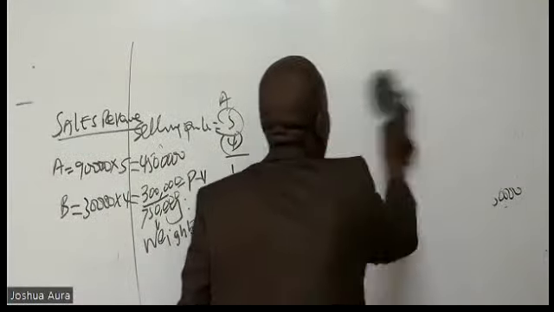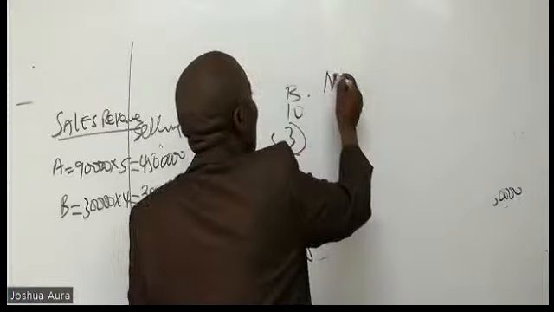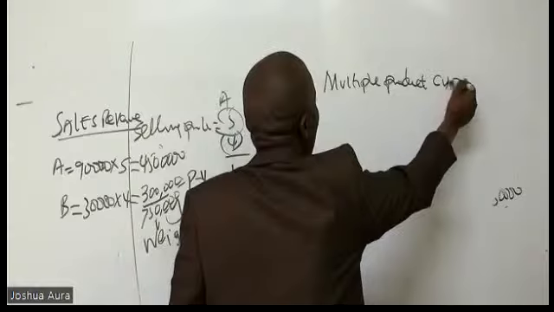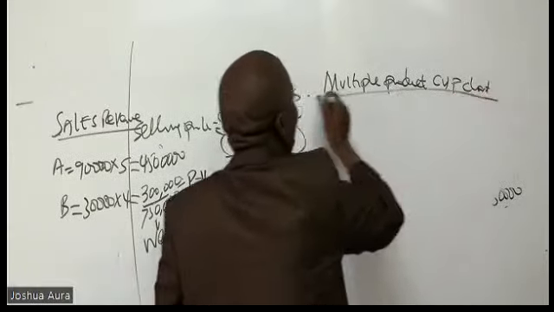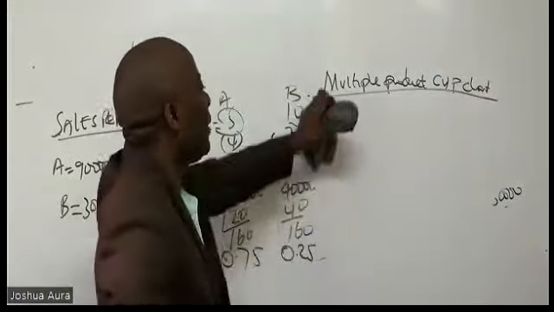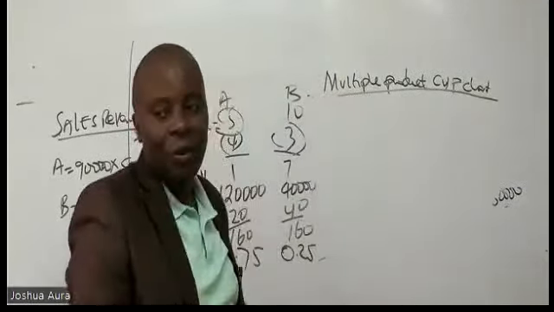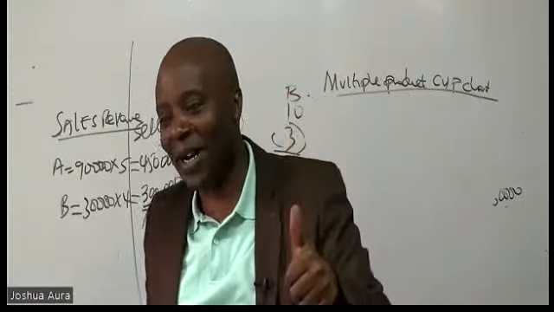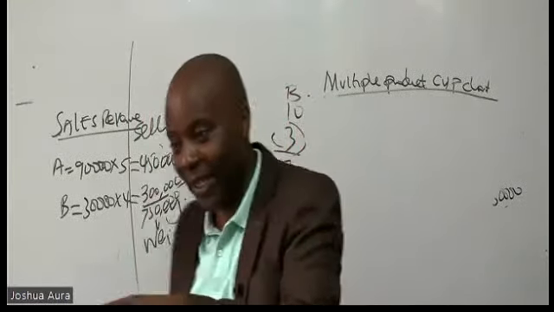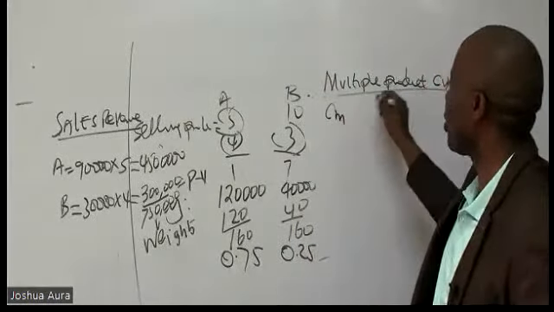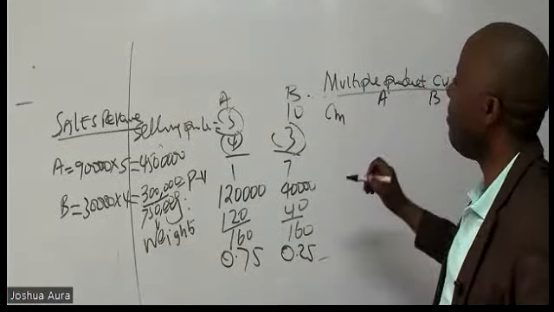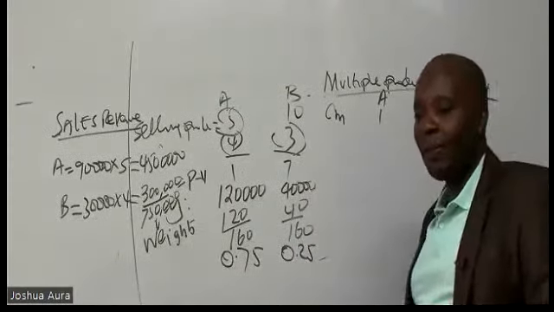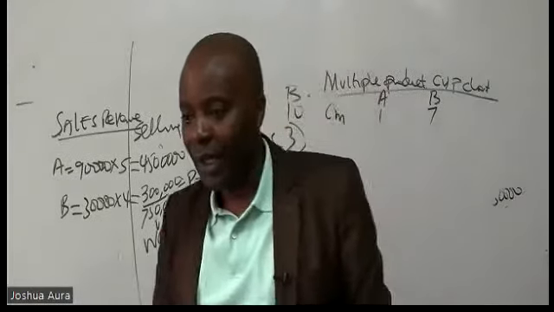Now, ladies and gentlemen, listen here. So then we go to the multiple product CVP chart. What will be the very first thing that we should compute here? We remember those steps. CM, isn't it? So we start with CM. For A and B, CM we already got: 1 and 7. And then step number 2, CMR.